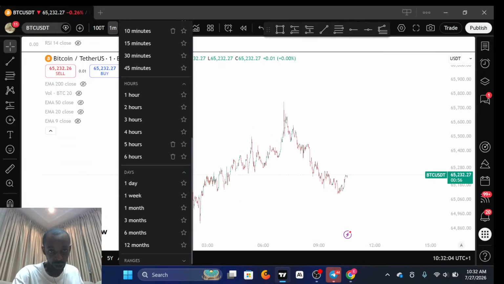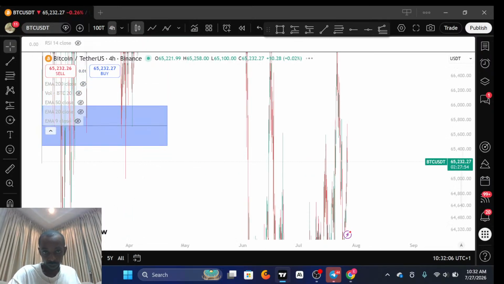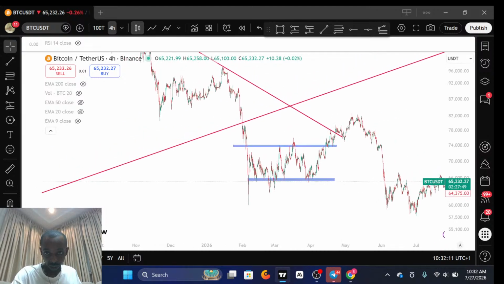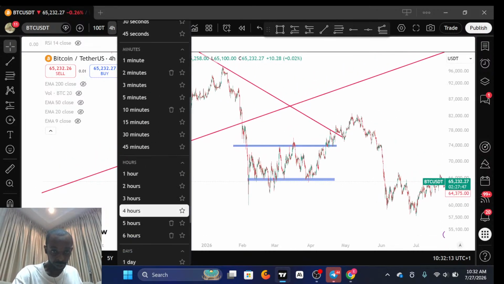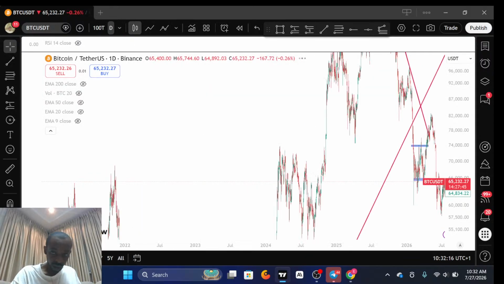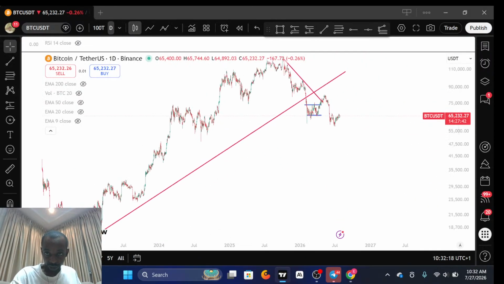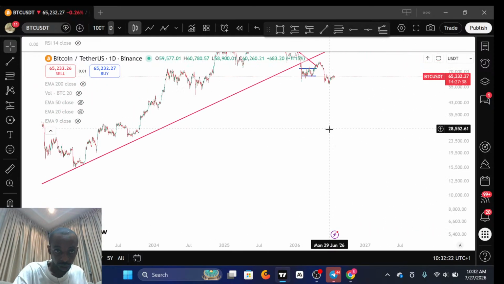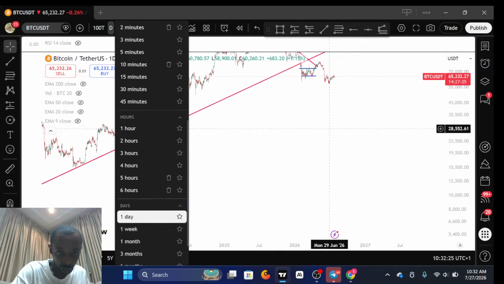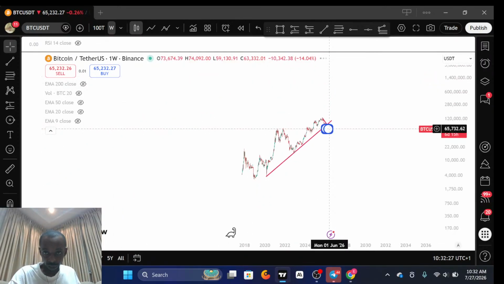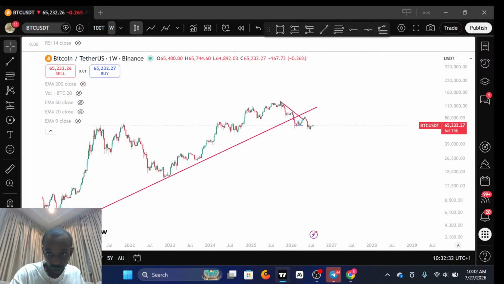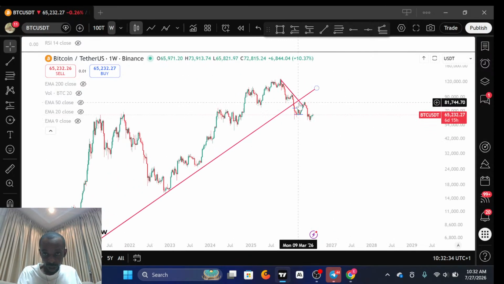Let's go to 4 hours time frame, or daily time frame. Let's start from a weekly time frame. This is what is happening in Bitcoin for now.